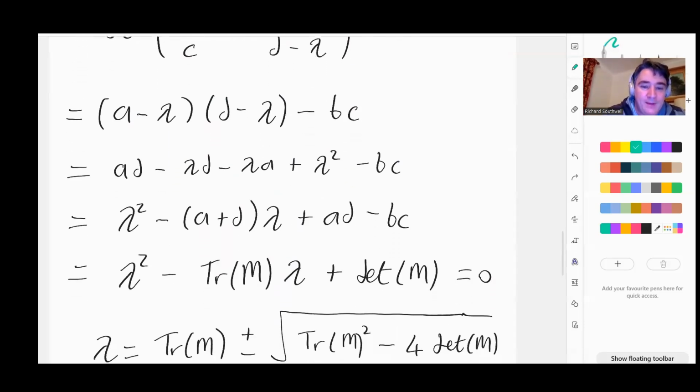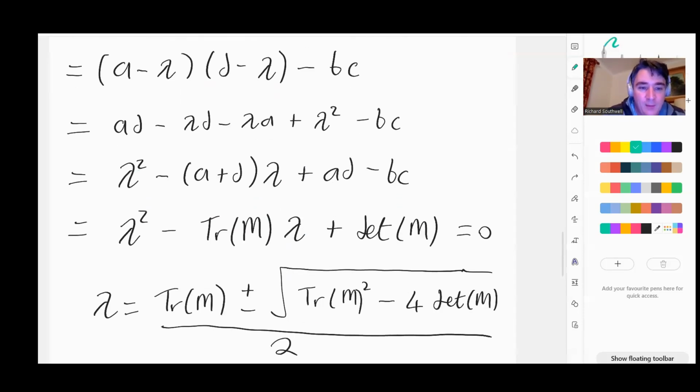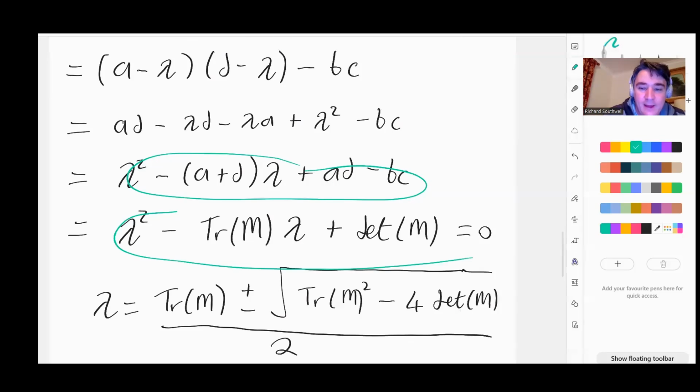Now if we expand it out, it looks like this. And now let's recognize that there are some well-known quantities within this expression. In particular, this is going to be the trace of our matrix, and this is the determinant of our matrix. And so we can rewrite this line like this, and this is the characteristic polynomial of our matrix.